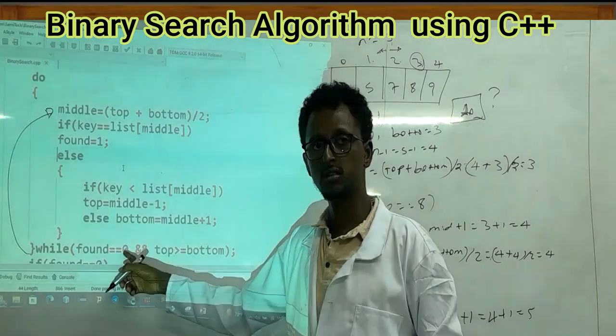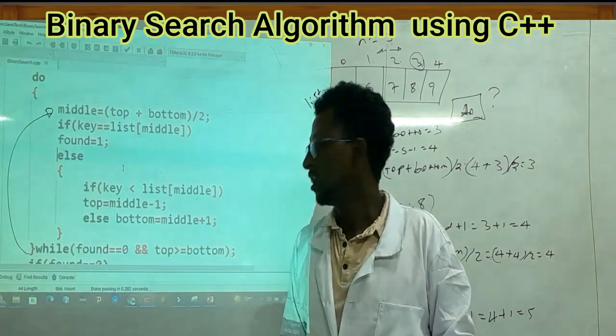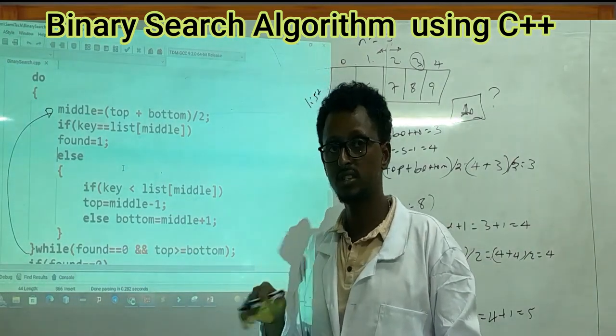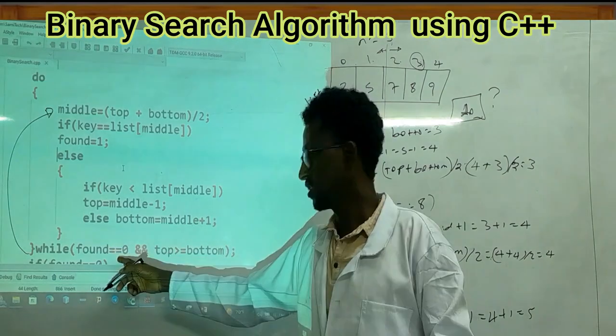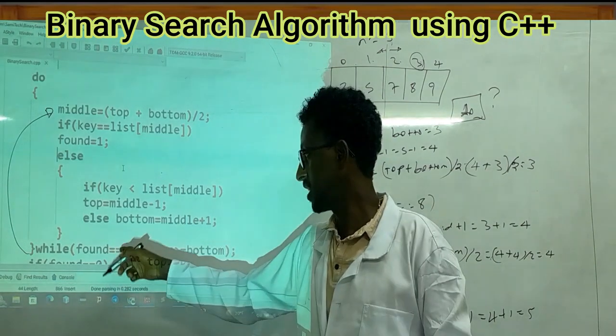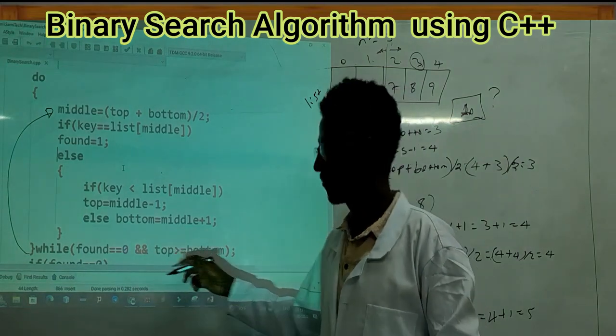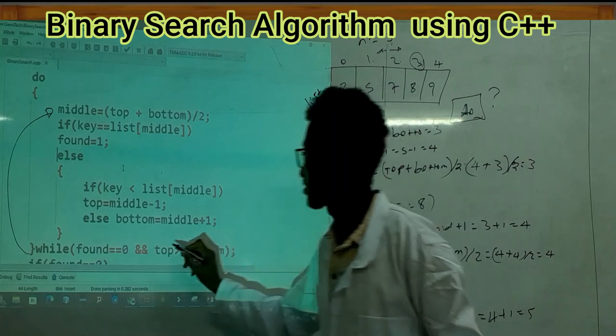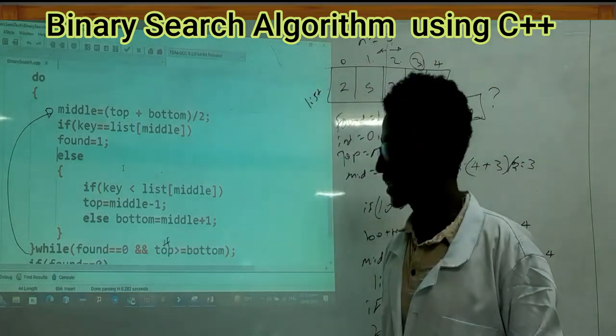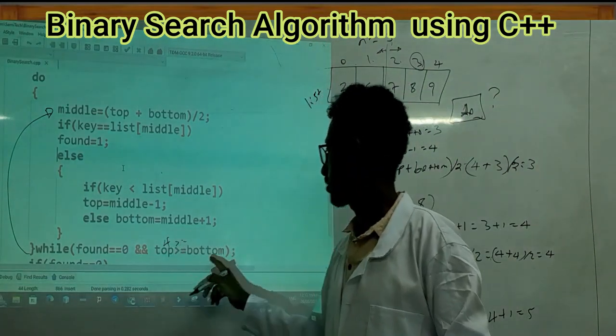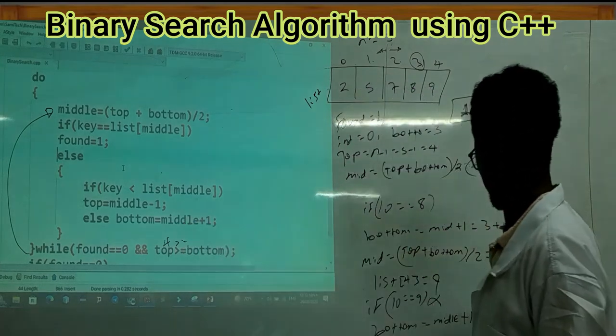And now in the while statement, found equal to 0. Yes, we still didn't get whether the target key is found in the list, so found is still not changed and remains 0. Therefore, top greater than or equal to bottom. Top is 4, not changed. 4 greater than or equal to bottom. Bottom is 5, the new value.